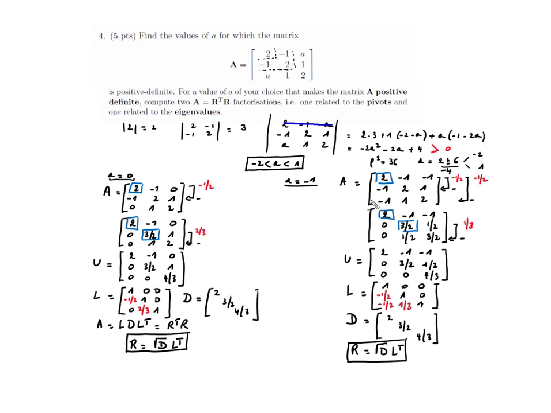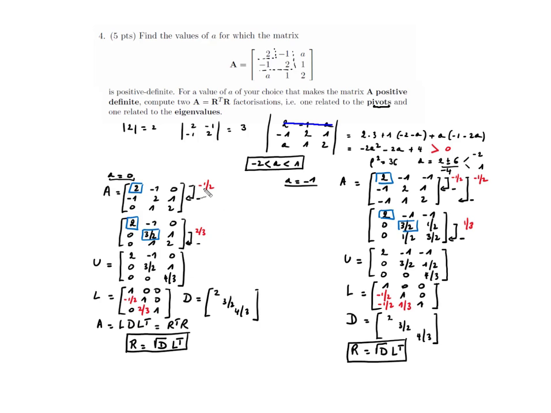So here we look for the factorization R transpose R of the matrix A related to the pivots. Over here you have the matrix A for A is equal to 0, and here for A is equal to -1. And what we have to do is Gauss elimination. So here we have a pivot, we need to create a 0, and we go further and we obtain the matrix U, right?